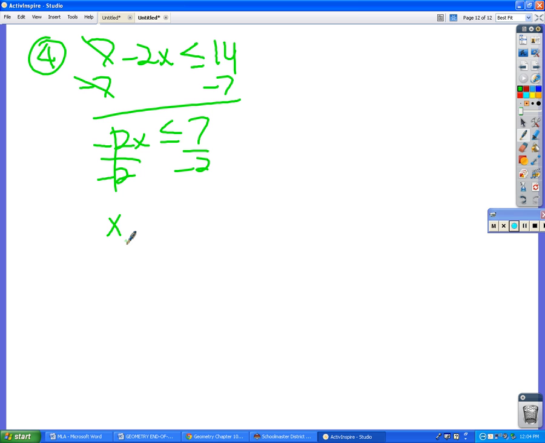I have to flip the inequality. 7 divided by negative 2 is negative 3.5. So which one shows the graph of x is greater than or equal to negative 3.5? Greater than or equal to, because we had to flip the inequality, so it's B.